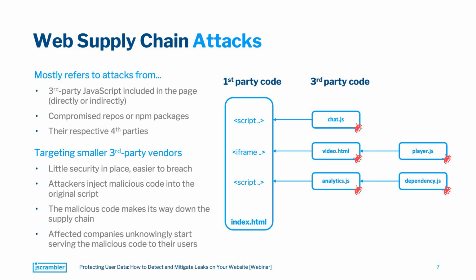Web supply chain attacks are also popular because attackers don't have to affect the main website. They can go after the weakest link. Your website might be very secure, very well protected. You have an absolutely excellent security team, but you may be using a script which loads a script from some other site that isn't as diligent as you have been.